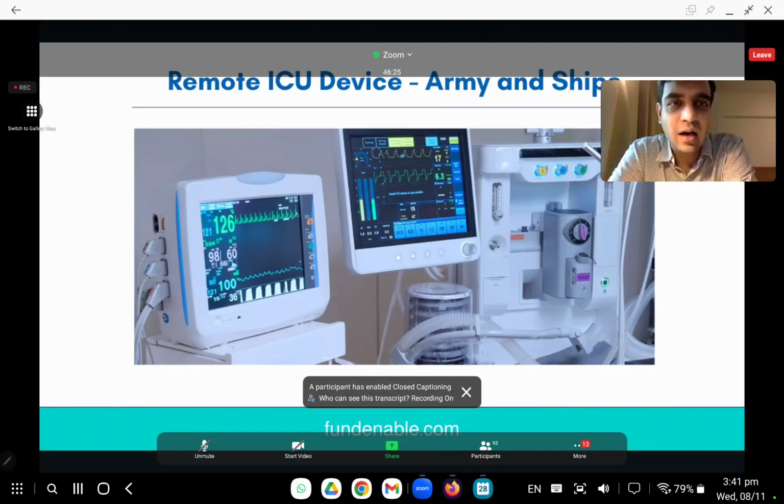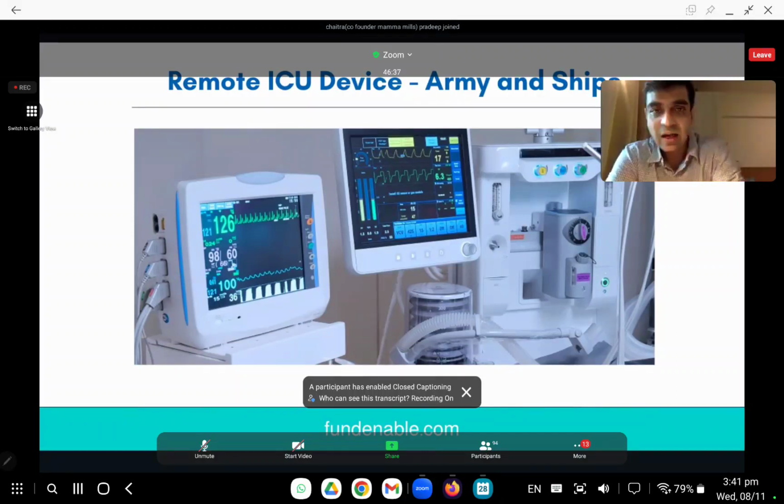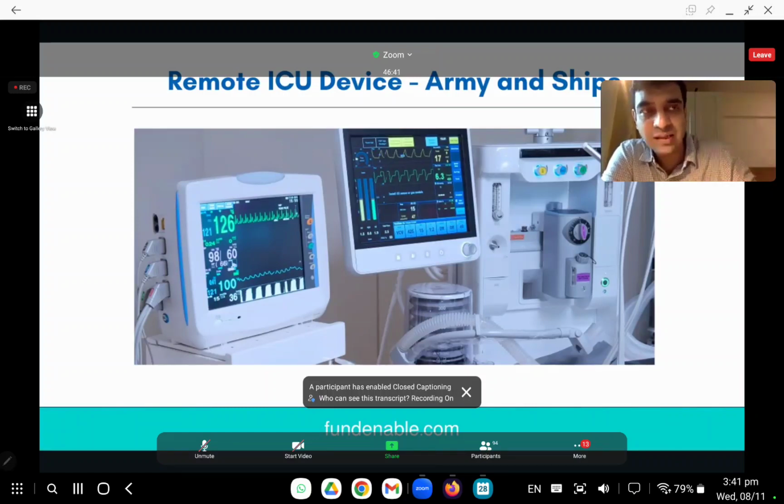So let's say at Siachen base camp, if there is a requirement of an ICU to be set up, then this device can actually work, even though there is possibly no mobile network, right? So a doctor at a remote location is able to see the parameters and figure out ways to start the treatment for the patient, right?